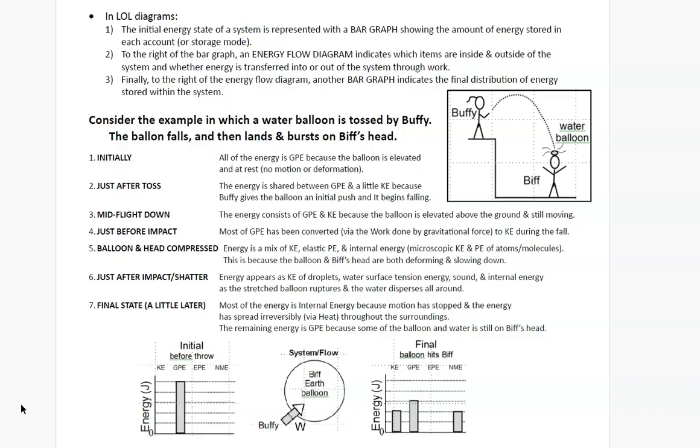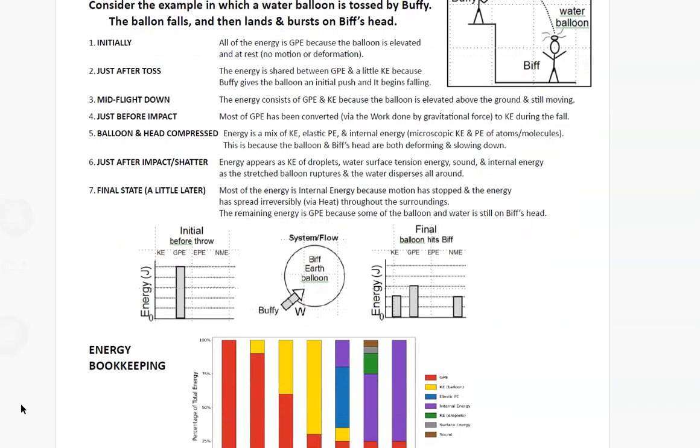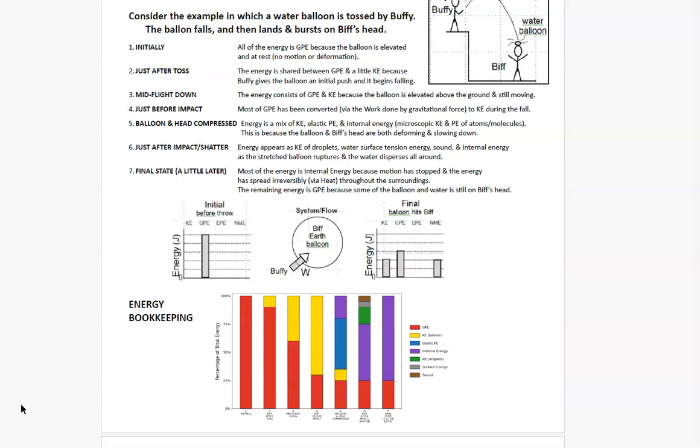And I'm going to scroll down a little further to what's known as a stacked bar graph, and it's color-coded with far more detail than we'd ever expect you to know. But I want to show this to you to show you how energy changes from one form to another throughout the course of some event. But these labels here, it's important to know what these labels are.